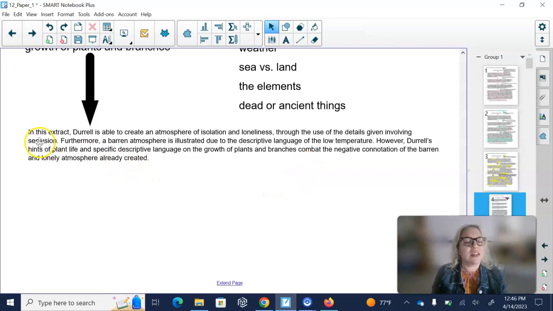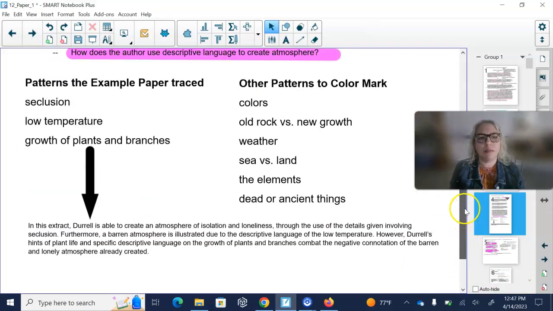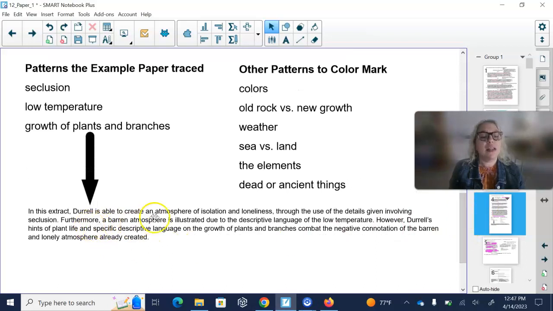So she says, in this extract, Durrell, and let me just show you the patterns too. Durrell is able to create an atmosphere of isolation and loneliness through the use of the details given involving seclusion. So she started by looking for details that she saw as seclusion.